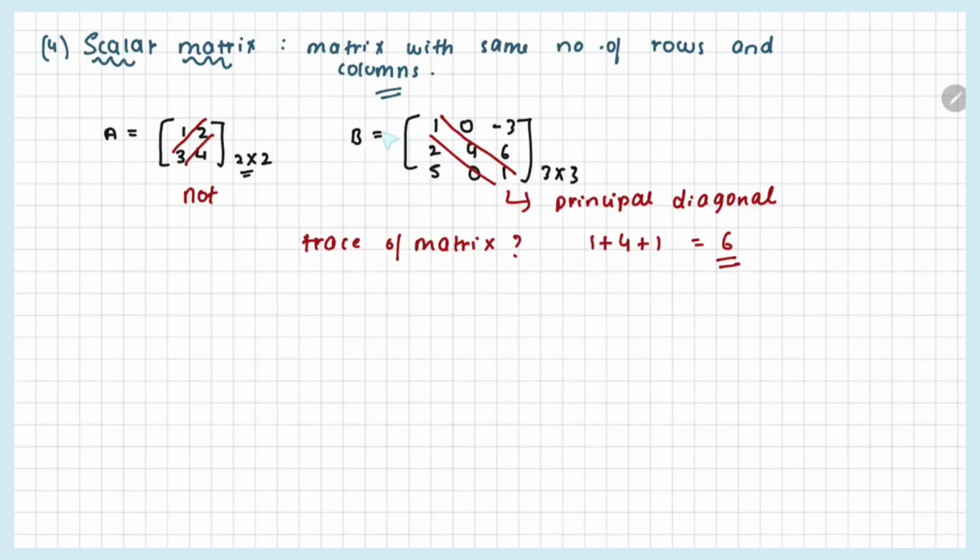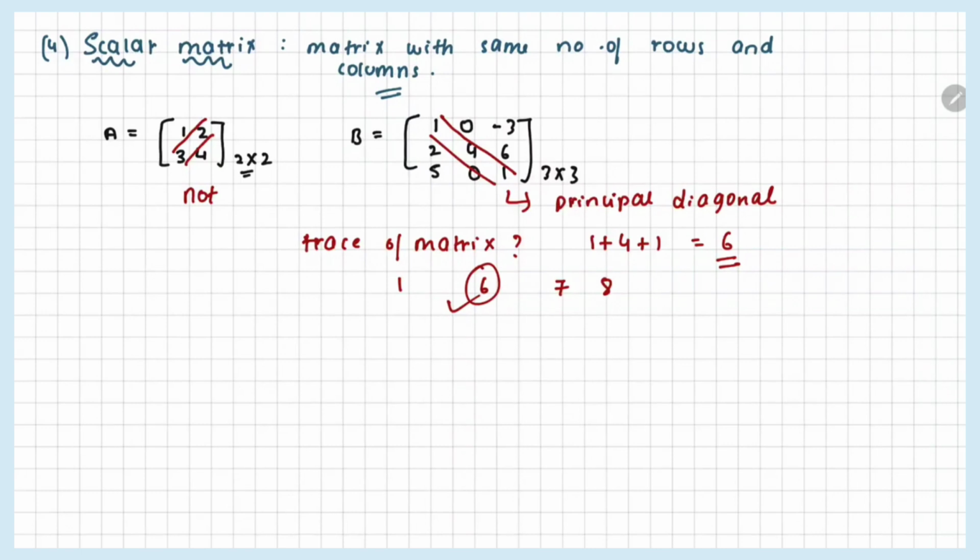They can give a matrix like this, and in the options 1, 6, 7, 8; 6 is the correct option. You just have to add the principal diagonal. I'll give you homework: find the principal diagonal for A and the trace of matrix A. You can answer in the comment section, okay?